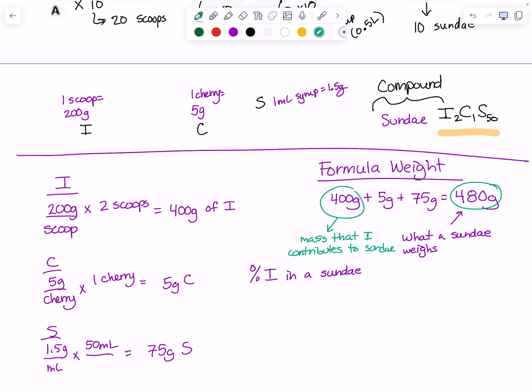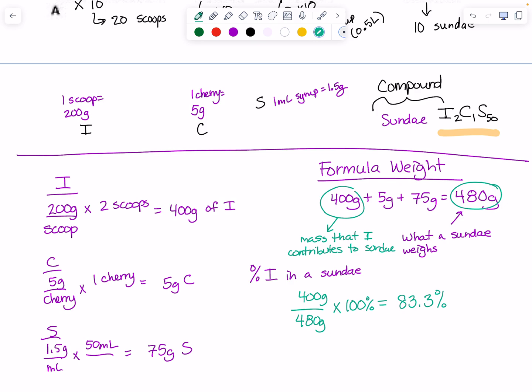So the percent is going to be 400 grams divided by 480 grams times 100%. I happen to have a calculator with me, and that comes out to be 83.3%. Your ice cream sundae is aptly named because it's mostly ice cream, right?